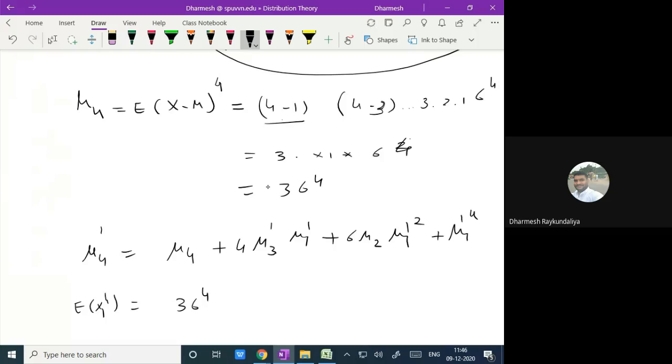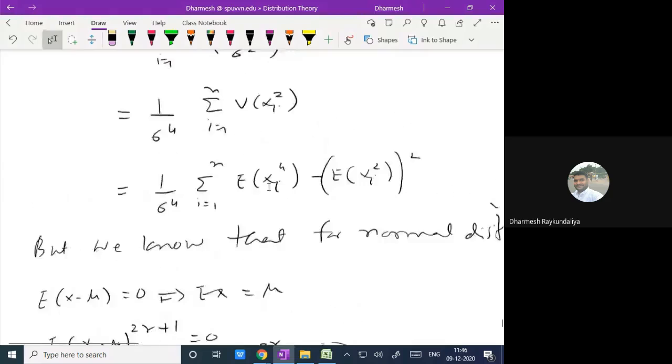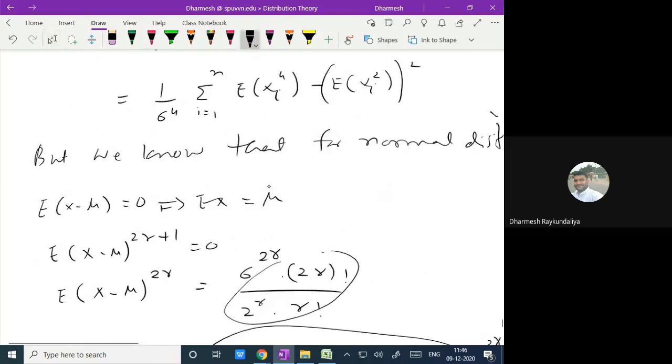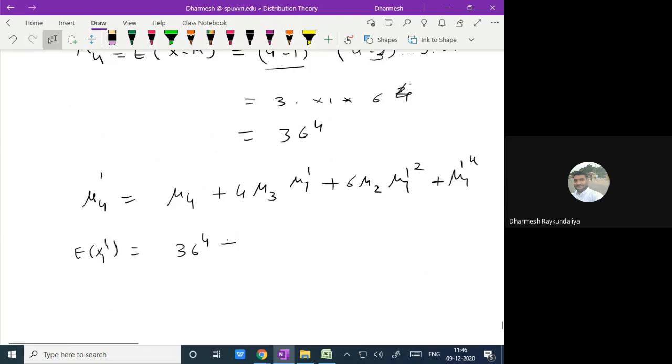I said all odd moments are nothing but 0, because I told you that in the normal distribution. So just substitute the 0. What will it give? This part is 0.